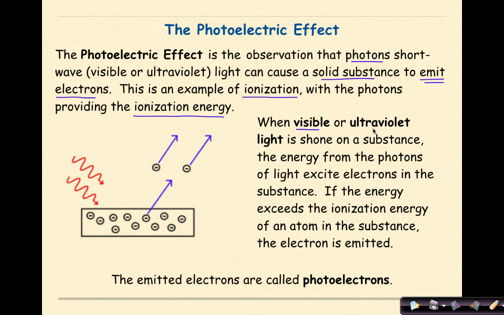When visible or ultraviolet light is shone on a substance, the energy from the photons of light excites the electrons in the substance. If the energy exceeds the ionization energy of an atom in the substance, then the electron is emitted. The emitted electrons are called photoelectrons.